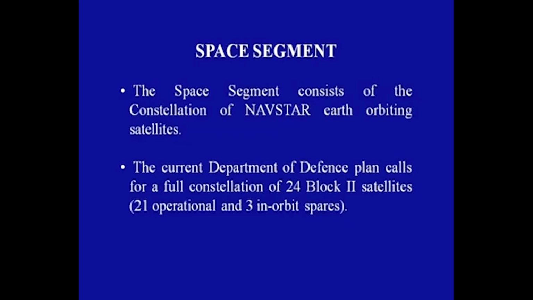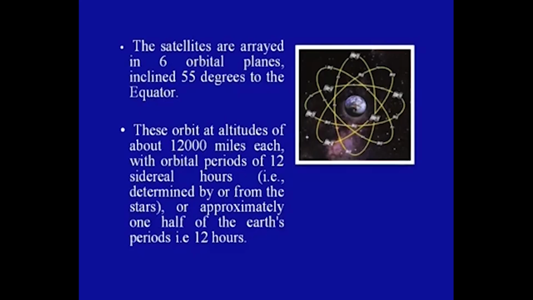Out of these satellites, they are placed in 6 orbital planes which are inclined 55 degrees to the equator. The slide beside shows us the approximate location of each of the orbital planes and the satellites as they are revolving around the Earth's surface.